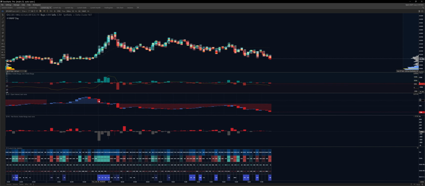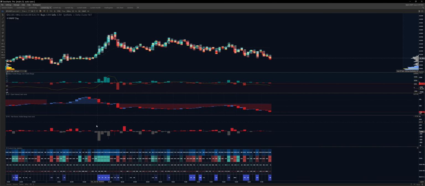We have here an open interest decrease and positive delta, which means that there have been shorts closing. We know this because open interest decreasing means positions are closing and the delta is positive, so the only position that closes with a buy order is a short.